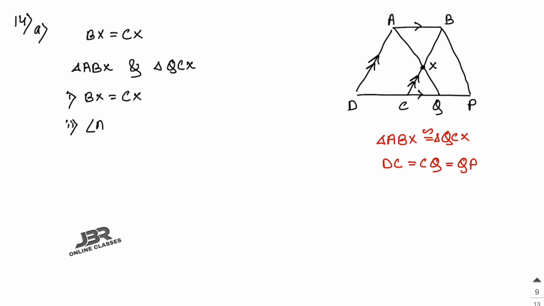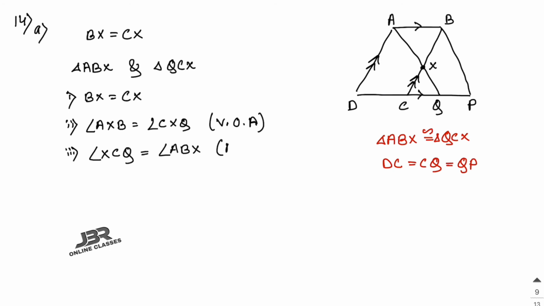Number 2, angle AXB is equal to angle CXQ because vertically opposite angles. And condition number 3, angle XCQ is equal to angle ABX because alternate angles.